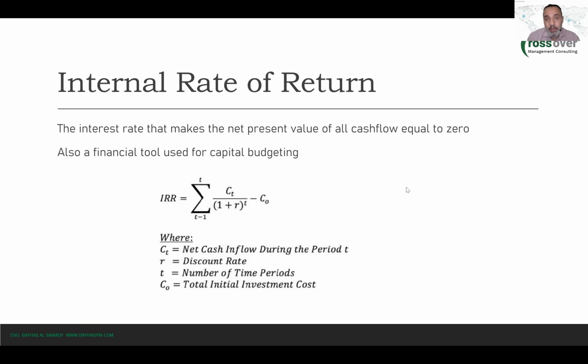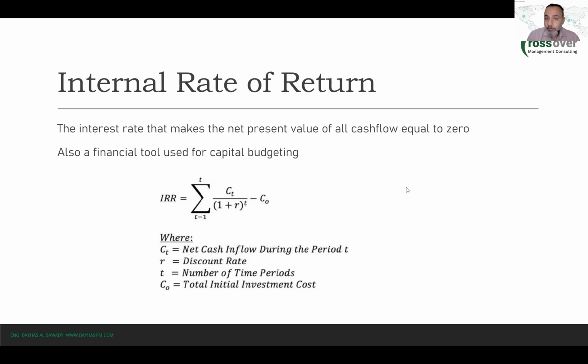This is what we call the IRR, and it's considered the most accurate financial measure. Now, again, we will always select the project with the highest IRR.